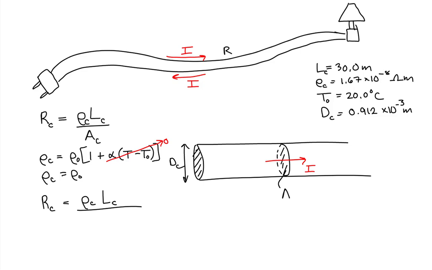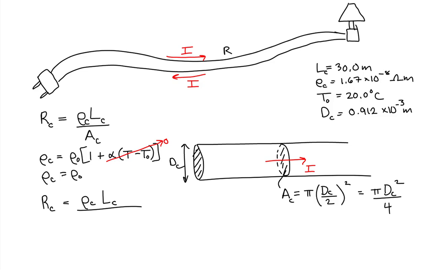The area of the circle is given as pi times the diameter of that wire over 2 squared, because remember, the radius of our wire is equal to 1/2 of the diameter.